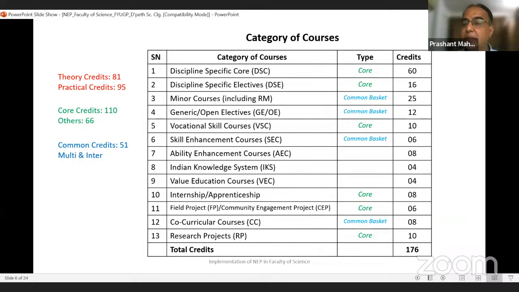Then we have internship, apprenticeship, which we have also counted in the core. Then field project we have counted in the core, research project also in the core. Whereas internship, apprenticeship and research project are again performance-based activities.